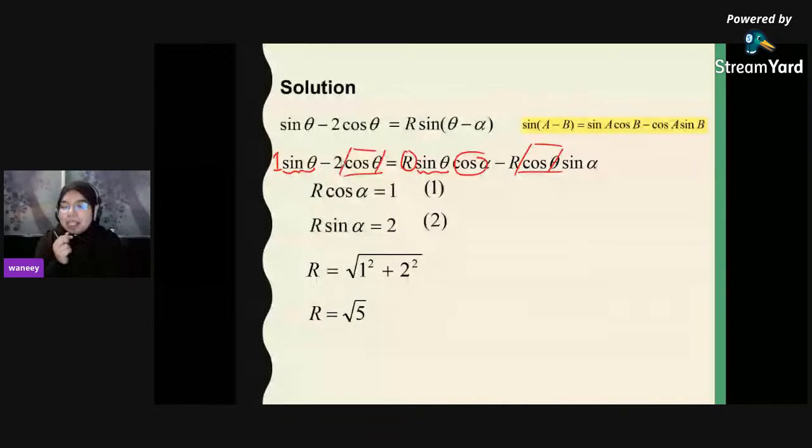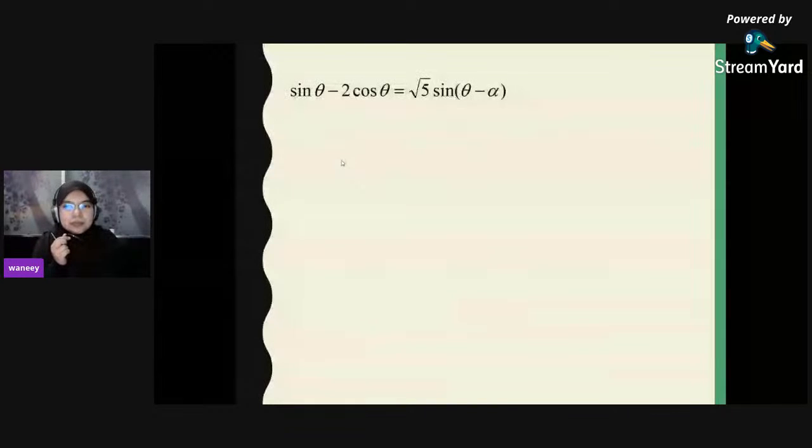So now, what we have is that sine theta minus 2 cos theta is equal to square root of 5 sine theta minus alpha. If you want to calculate the value of alpha, that is fine as well. But since alpha doesn't do anything to the amplitude, it is only shifting, so I don't want to calculate my alpha yet.